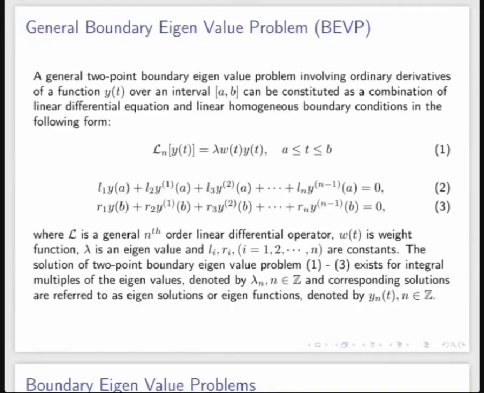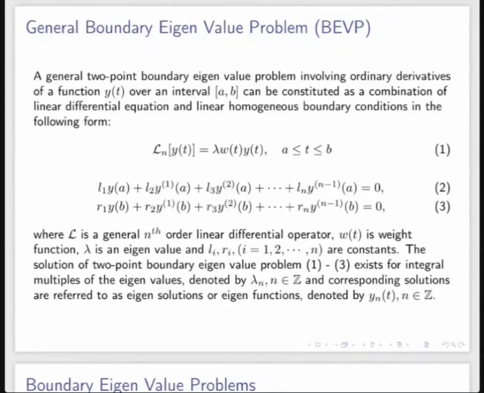You can see that in equation 1. The solution of such a differential equation subject to the given boundary conditions will be available only for some integer values of lambda. The solutions corresponding to those integer values of lambda are called eigenfunctions, and the values of lambda for which the solution exists are known as the eigenvalues.